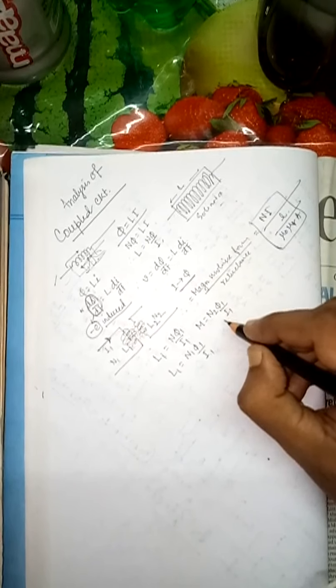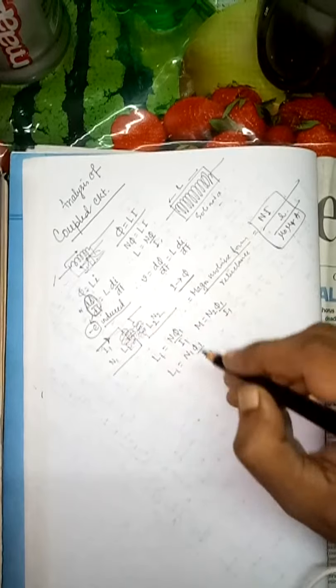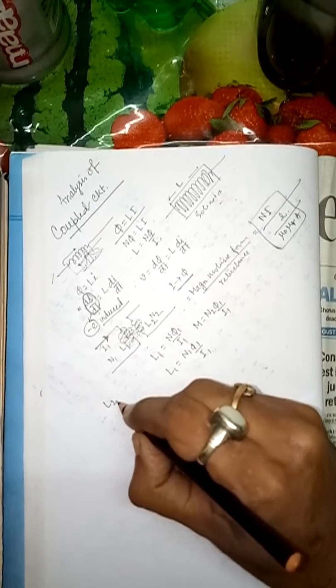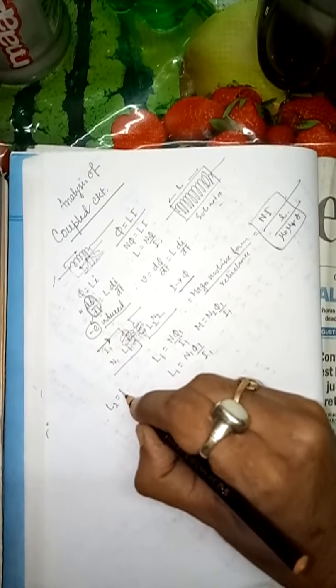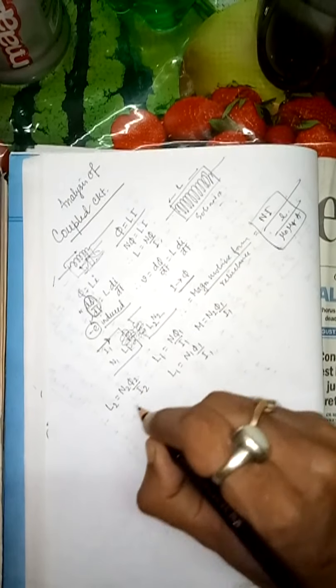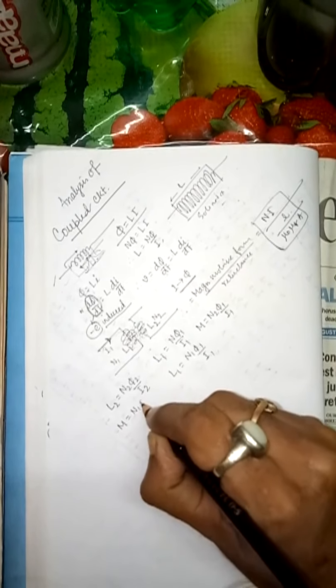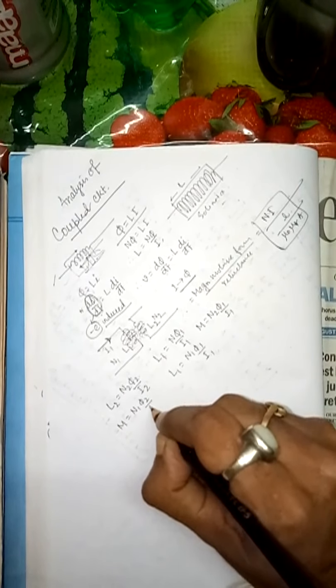Again, if you are considering from the other side, L2 can be N2 phi 2 by I2, but with respect to L2, M can be N1 phi 2 by I2.